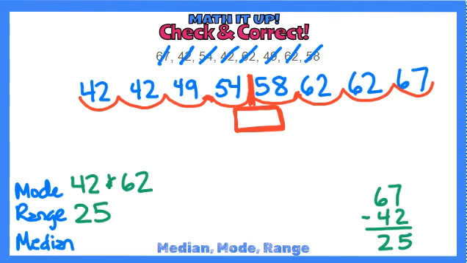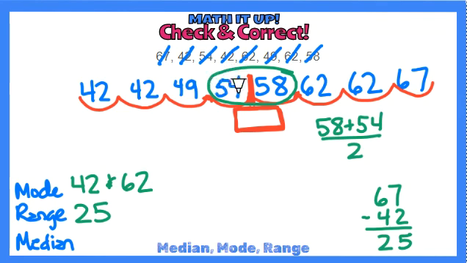So we use these two numbers, which are the two middle numbers. We add them together, 58 plus 54, and we divide them by 2. Now, you can probably see very easily that what's in the middle of a 54 and 58, counting evens, we know that's going to be a 56. But this is the process.